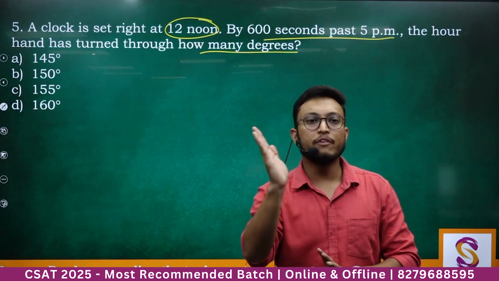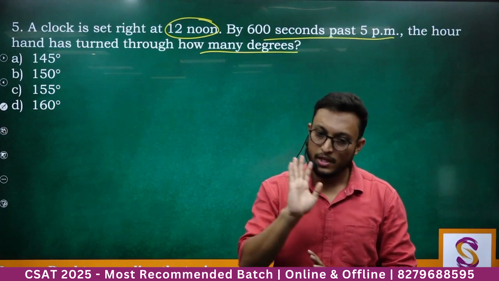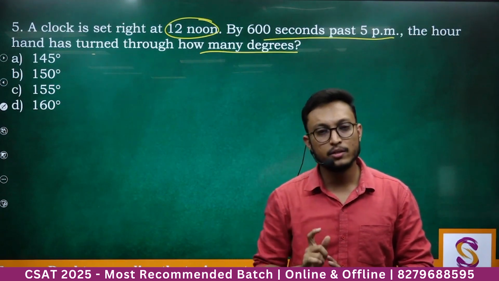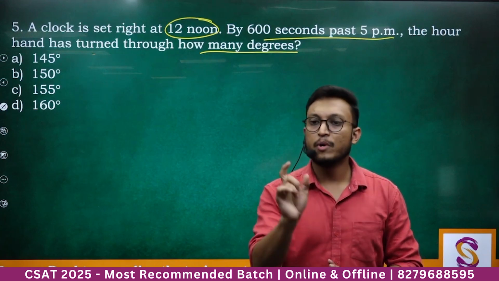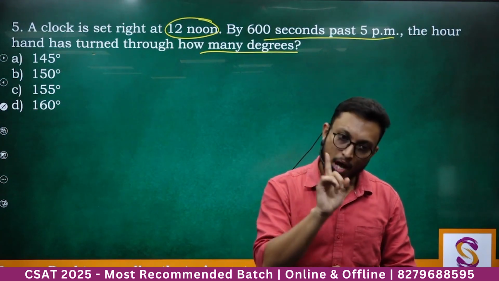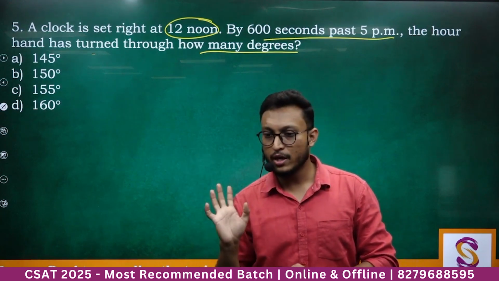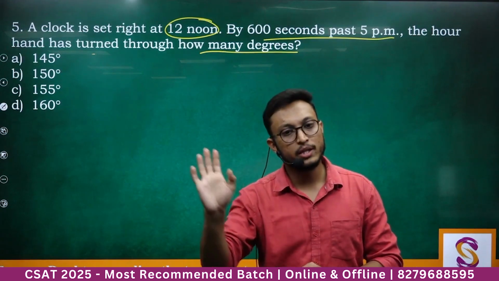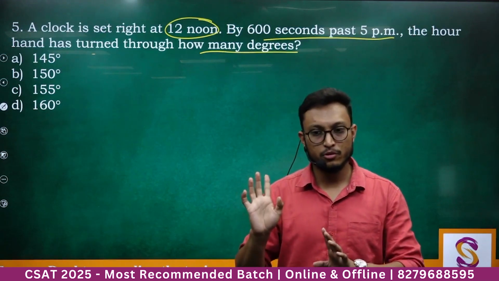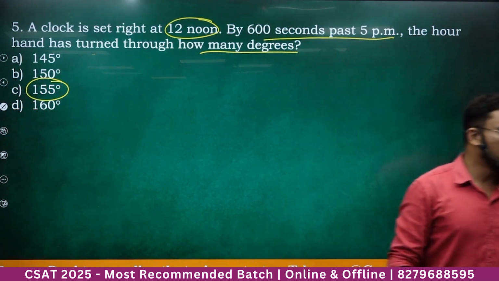From 5 till 5:10 कितने minutes हुए हैं? 10 minutes. 10 minutes में how much will this hand turn? It turns by speed of R hand, half degrees per minute. For the next 10 minutes it will turn by half into 10, that is 5 degrees. So initially 150, then 5 more, total 155. अब बताओ किसको नहीं समझ में आया?